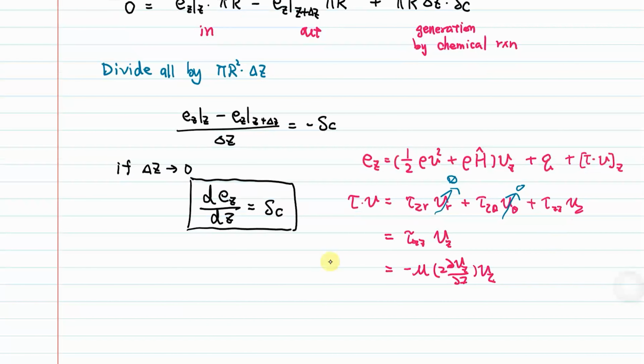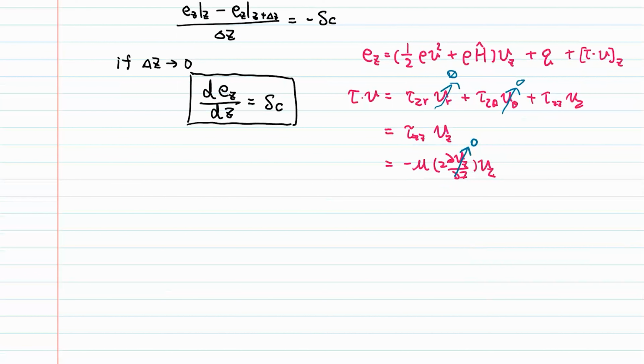Again, the velocity doesn't change with position. This is a plug flow, so this term is 0. So there is no work associated with fluid motion here that we need to consider.